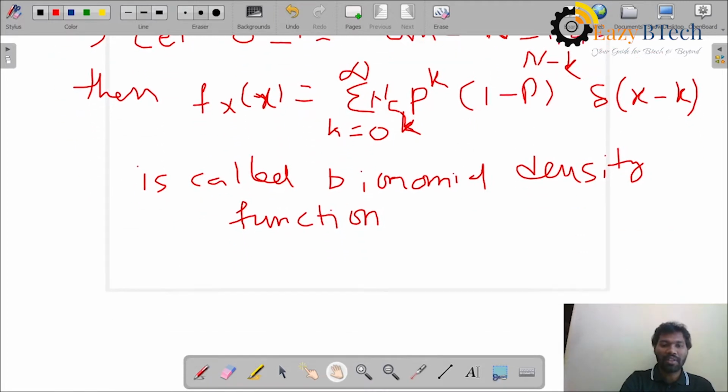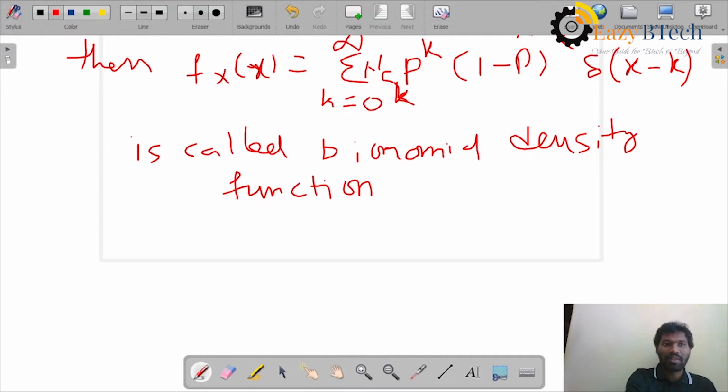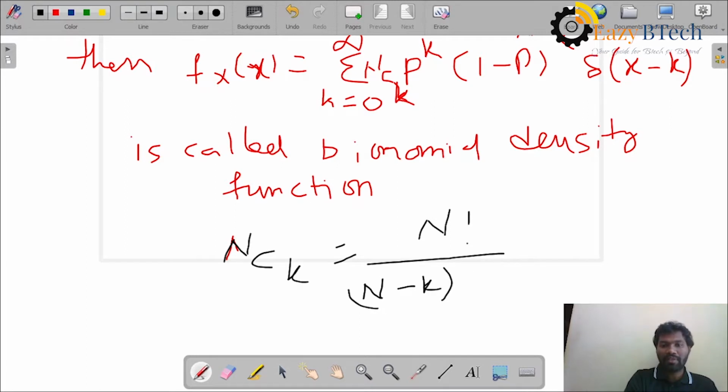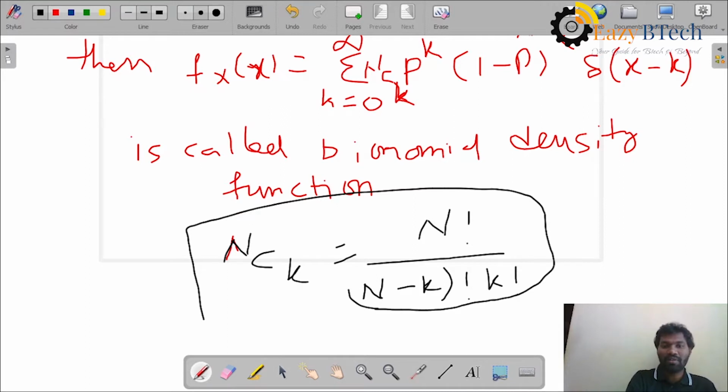Here nCk is equal to n factorial divided by n minus k factorial into k factorial. We already know nCr is equal to n factorial by n minus r factorial into r factorial, right? In the same way, nCk is equal to n factorial by n minus k factorial into k factorial.